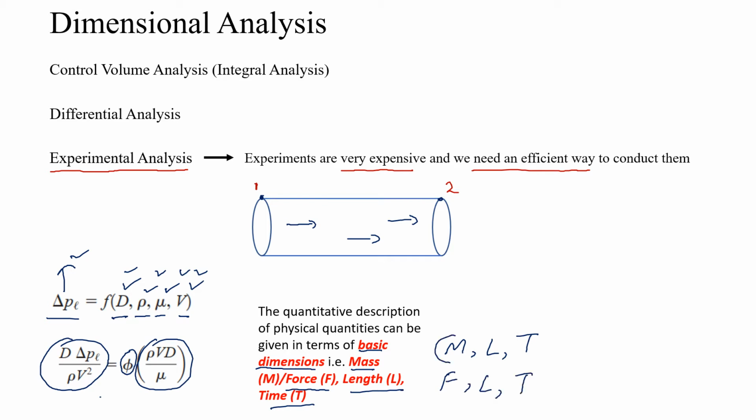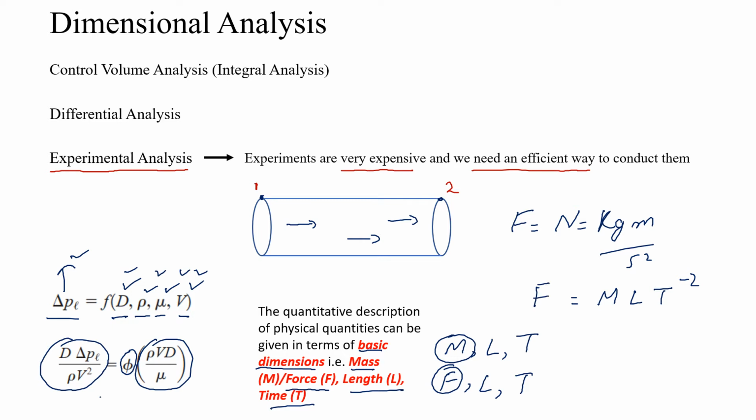We can either use mass as our basic dimension, but we can also use force as our basic dimension. Why? Because force is equal to Newton, and Newton is equal to kilogram meter per second square. So I can write this as M L T to the power minus 2. So this is what force represents.